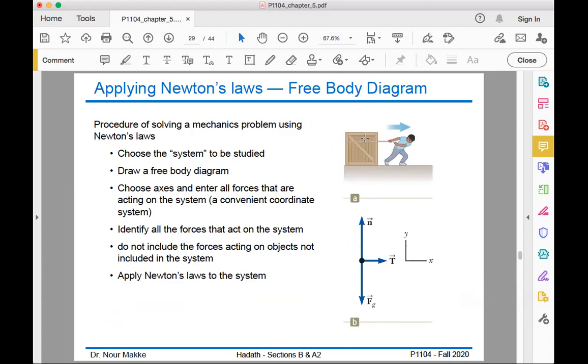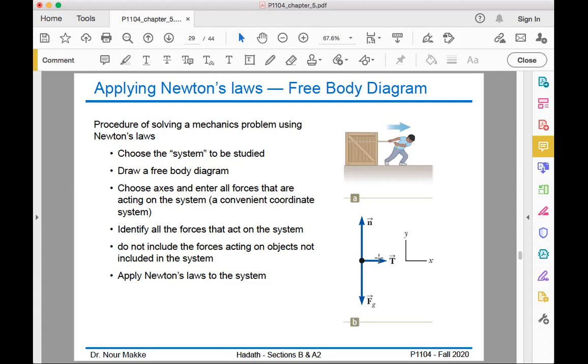What do we have as object? You have the weight of the box. The box is represented by one point, a dot, in this free body diagram. You have a dot, and you have the gravitational force here, the weight of the object. You have the normal force, which is the force exerted by the surface on this box.